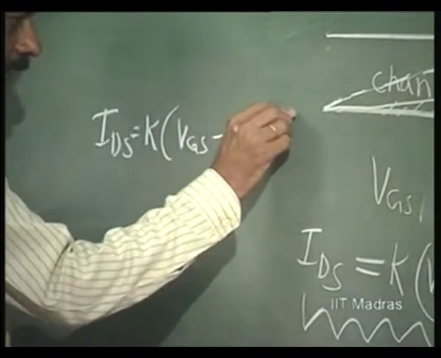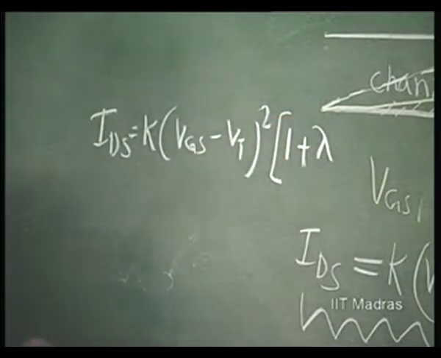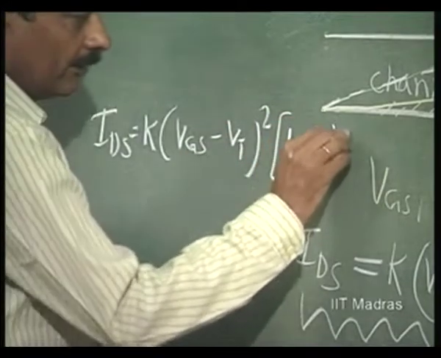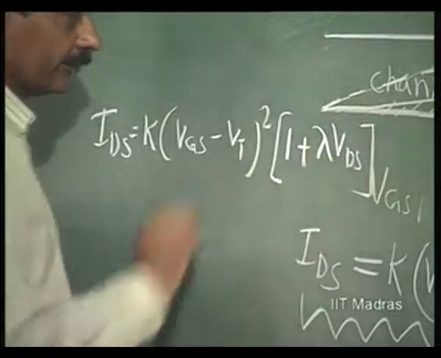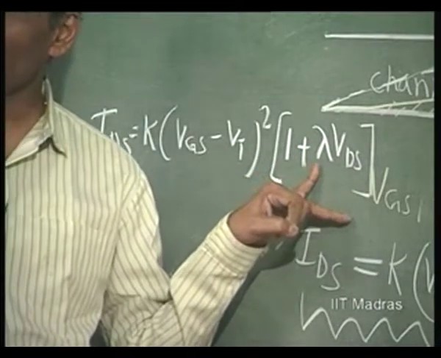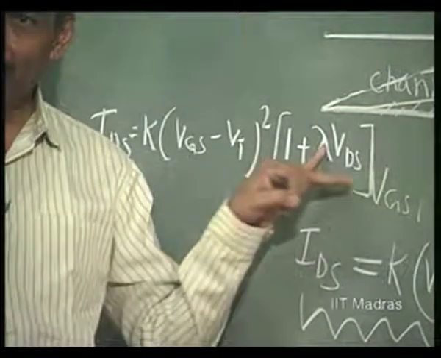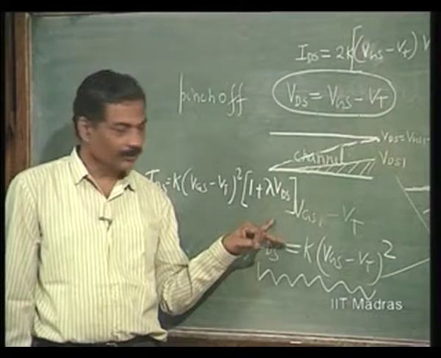It is K times (VGS minus VT) squared into (1 plus lambda times VDS). The dimension of lambda is 1 over voltage.